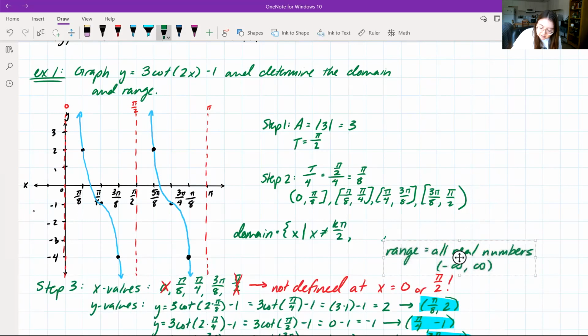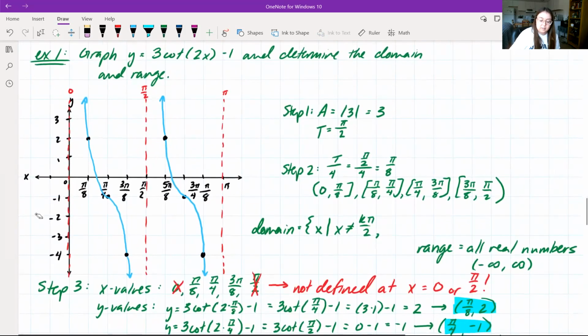I'm going to write it right there. So x is not equal to k pi over 2 when k is an integer. And that ends our set builder notation.